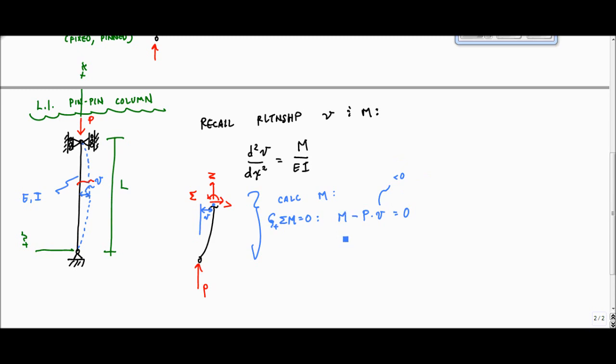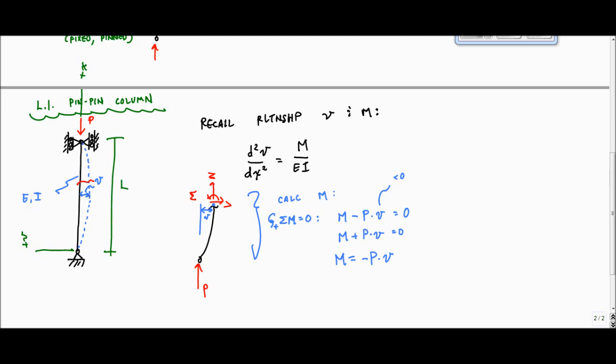But this means M plus P times V equals 0, which means that M is equal to minus P times V. Is that okay with everybody? It's because of the way we drew it here. We drew this V as a negative deformation. Maybe I should have drawn it as a positive, but then I would have been on the other side, and I still would have gotten this. Does that make sense to everybody?